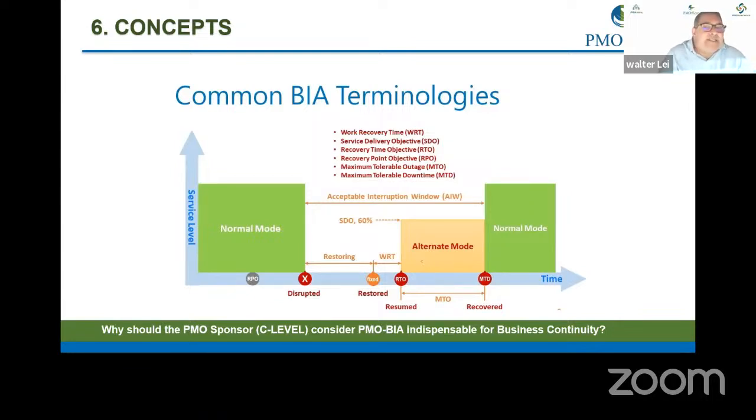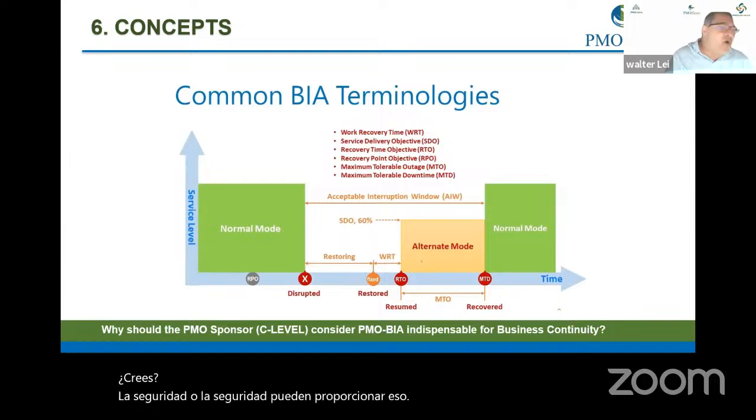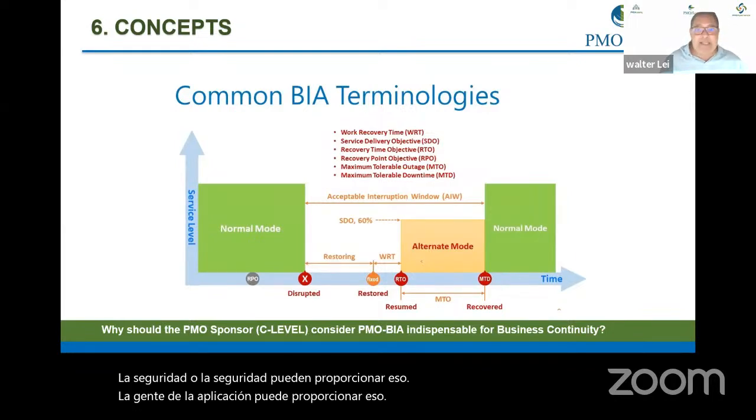And where is all this information? Do you think operation has it? Do you think security has it? Or security can provide that information? Or application people can provide that information? It's the business that has this information.